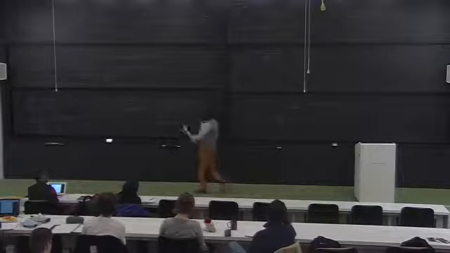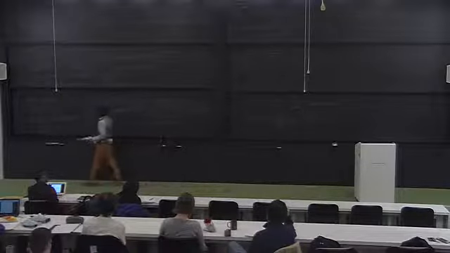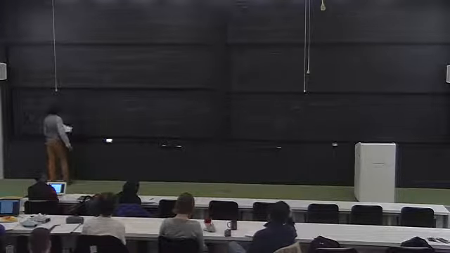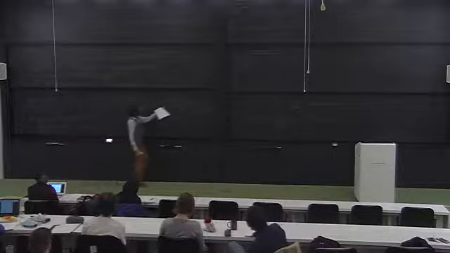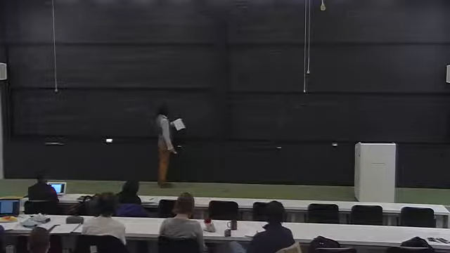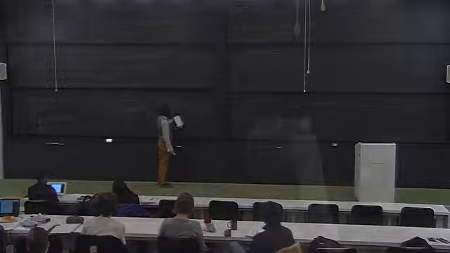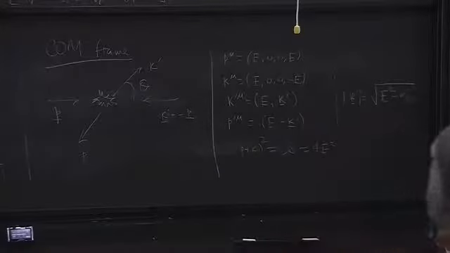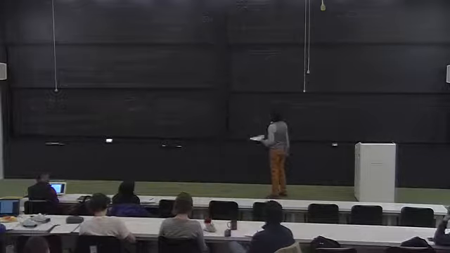So now, using these definitions, we can work out what all these objects are in terms of things like E and K and the 3-vectors, as well as the angle.